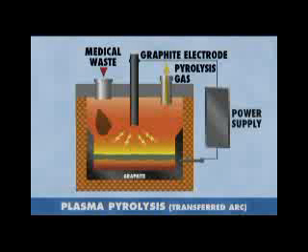Plasma is the fourth state of matter characterized by highly ionized gases. Because a plasma is a conductive gas, an electrical current can pass through a plasma and generate large amounts of energy. There are generally two ways in which the plasma is generated. A transferred plasma is one where the current flows between an electrode and the waste in its container, which in effect acts as the other electrode, or between one electrode and another electrode in the molten waste.